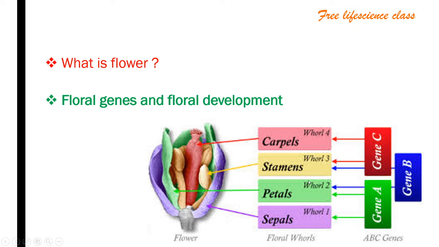So what are the other functions of the flower? We can move and look at it. In this video, we are focusing on flower functions, parts and the floral genes, and in the next section, that is part 2, we will be discussing floral development.